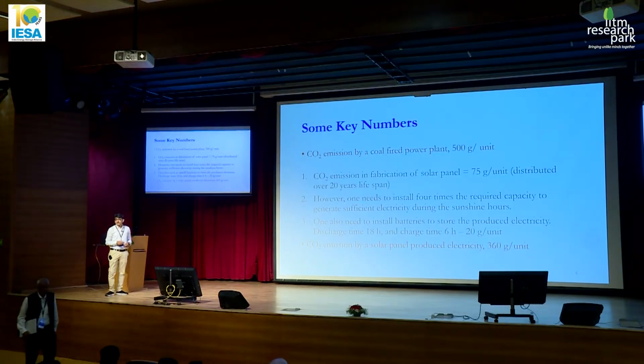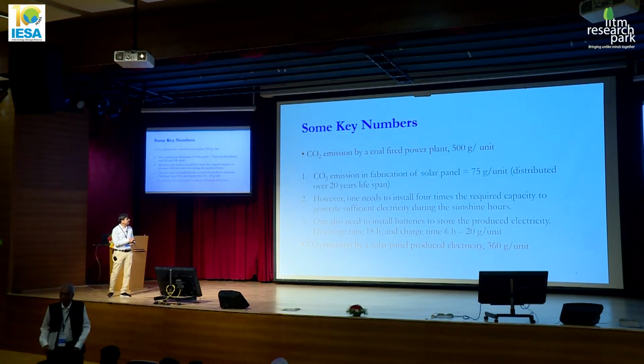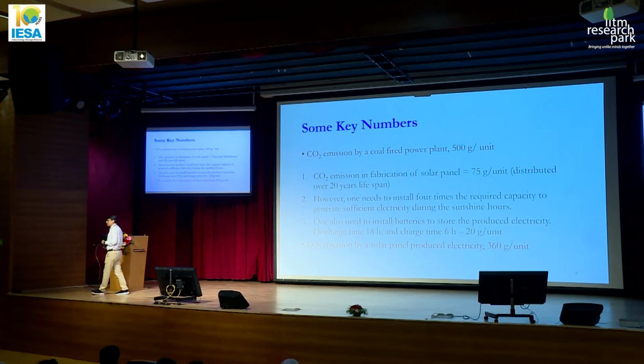Now let me tell you some numbers. As I was telling you, CO2 emission by a coal-fired power plant is around 500 grams per unit. So if you are producing 1 unit of electricity, you are producing 500 grams of carbon dioxide. And let me show you some numbers for solar panels. For the CO2 emission in fabrication of a solar panel, I have done a good amount of literature search.